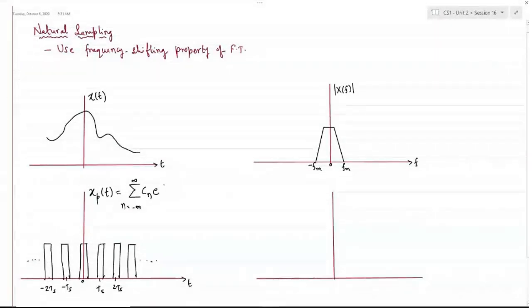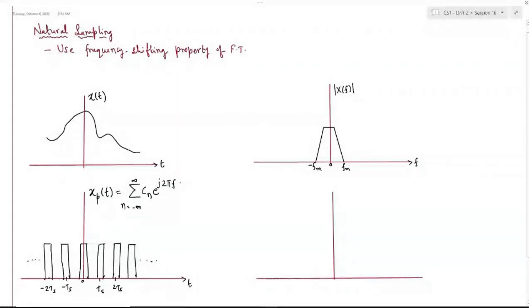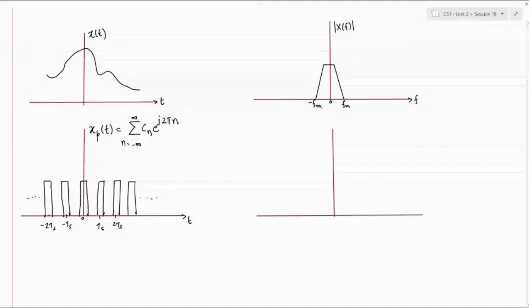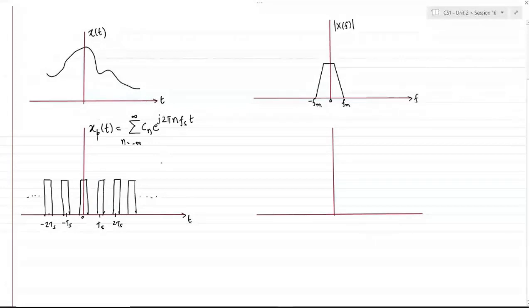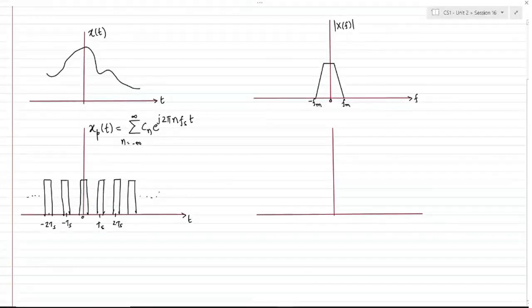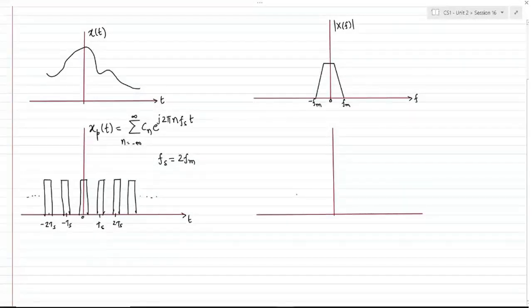So the sum of cn e power j 2 pi n fs t, where fs is the sampling rate. We'll keep the same sampling rate as earlier, the critical sampling rate, where fs is exactly equal to twice fm.